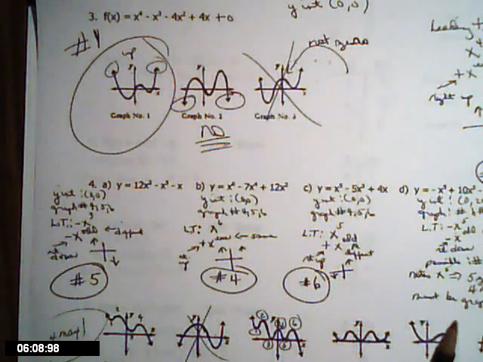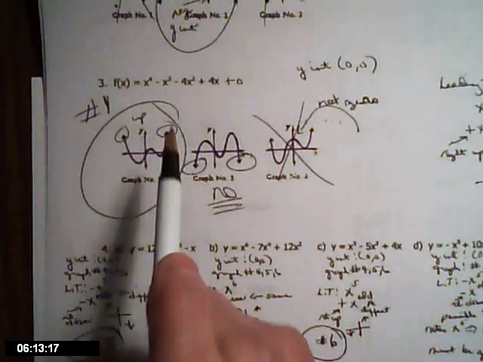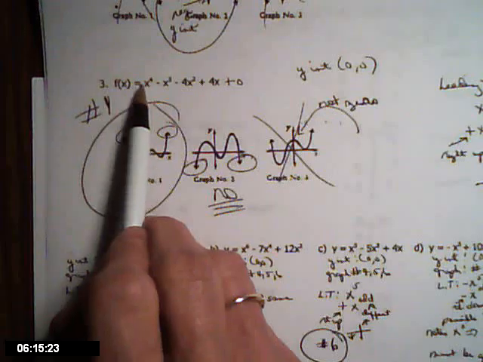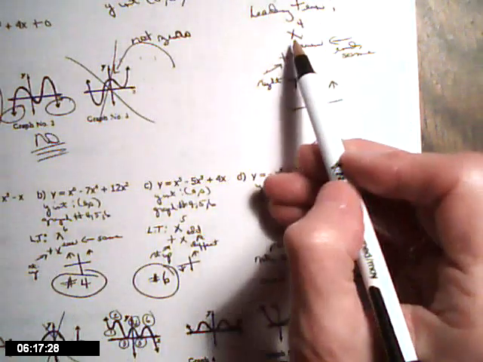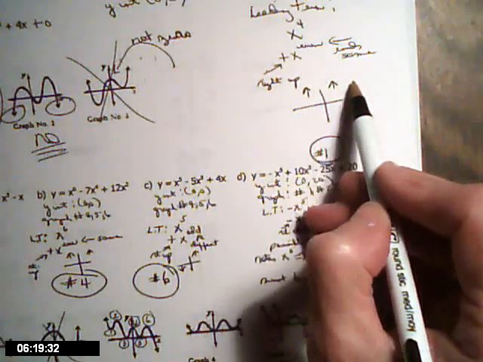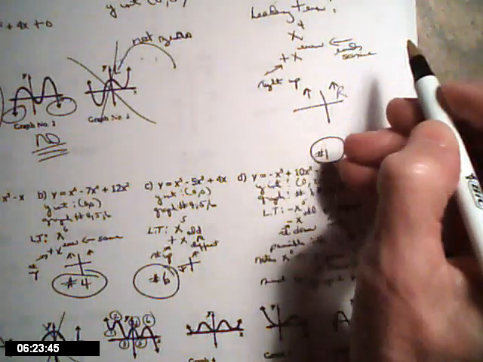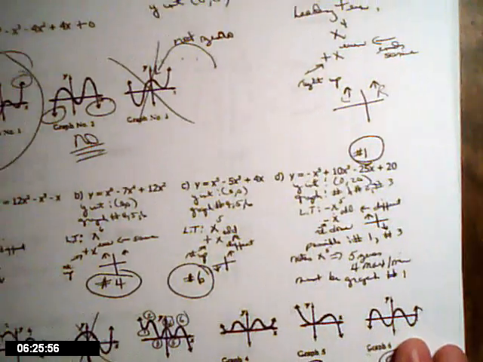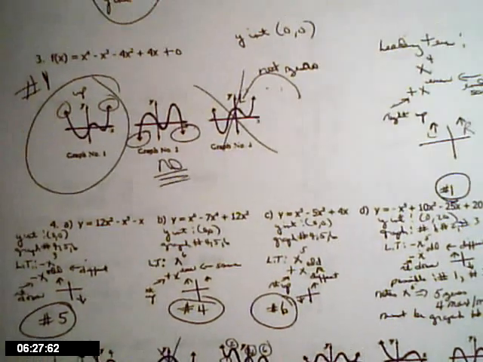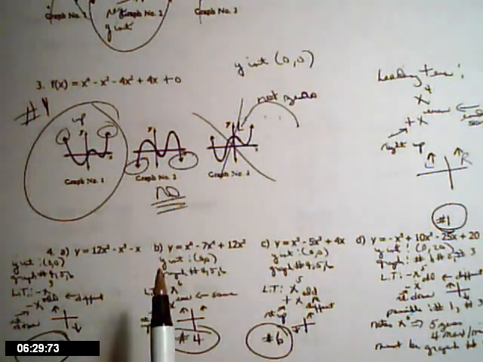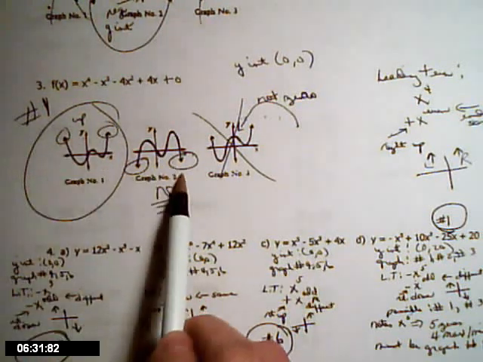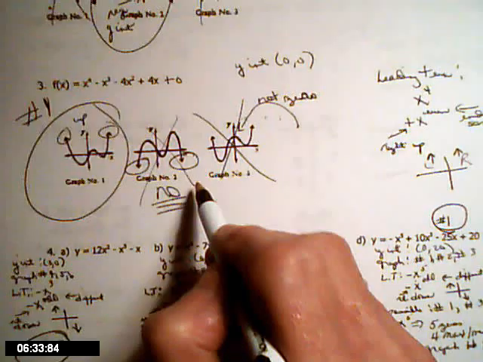Number 3. We have x to the 4th for a leading term. Now think about that. X to the 4th is positive, so the right end is up. 4th is even, so the other end would be the same. So the left end is up. Both are up, left and right. Now if you look, this one cannot be because they're down.